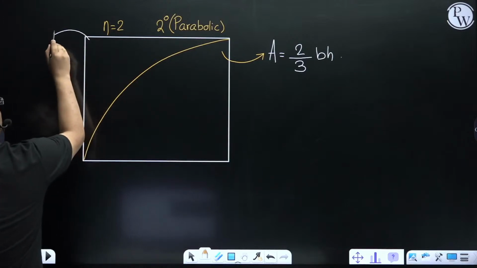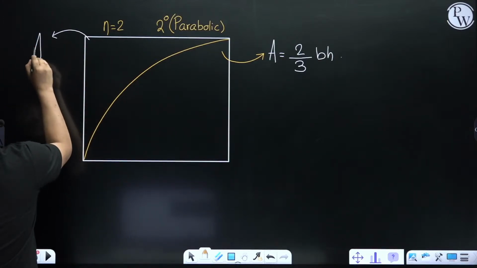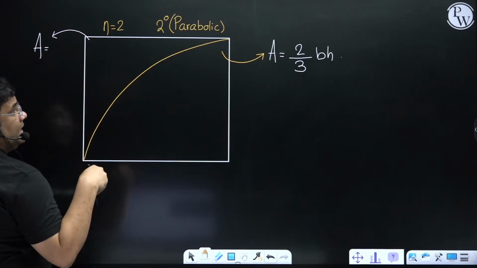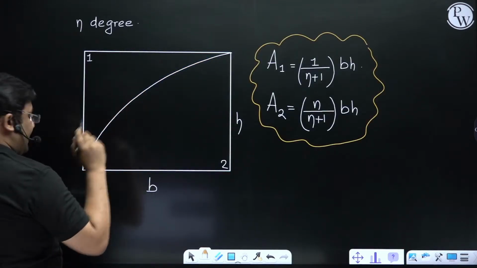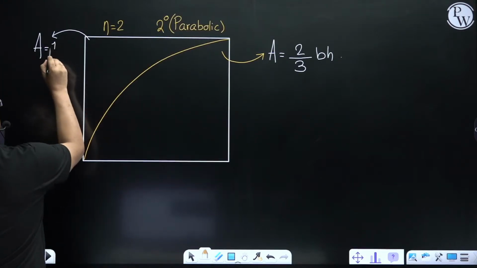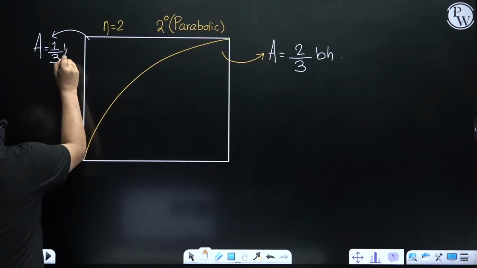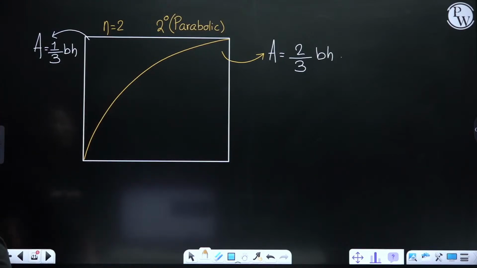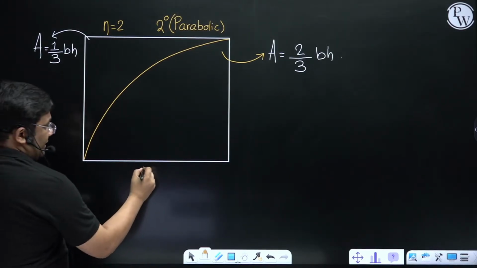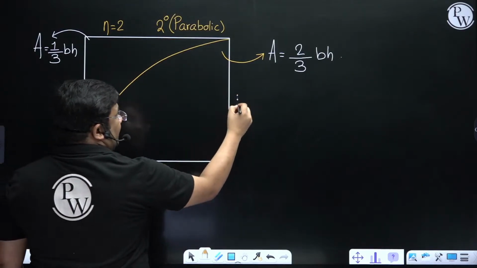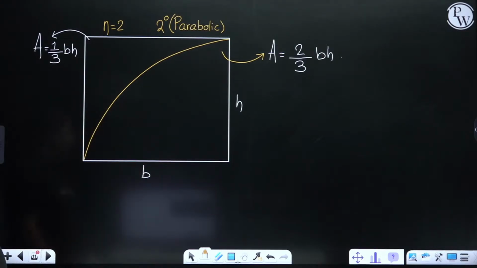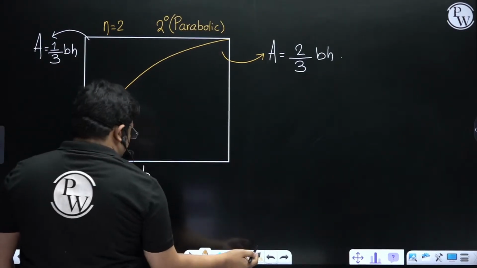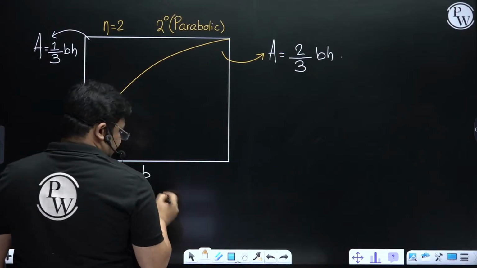And this area becomes 1 by n plus 1, so 1 by 3 into B into H. Yes, easy. And if you add them, this will become the area of a rectangle, right? 2 by 3 BH plus 1 by 3 BH is BH, right? Understood? So these are the areas.